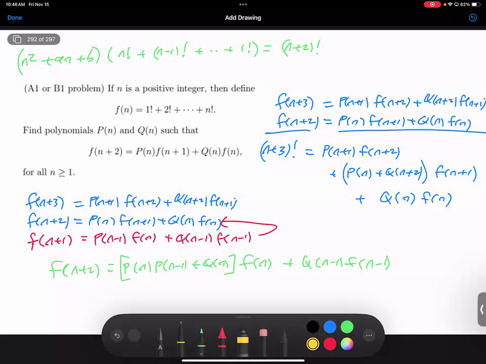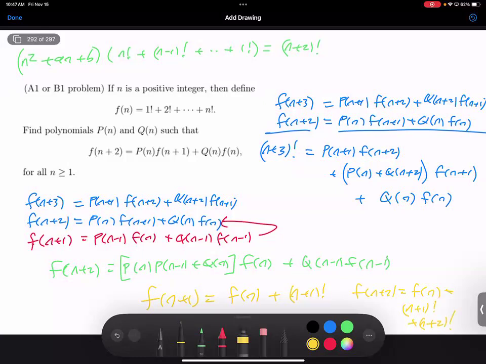Fn plus 1 is fn plus n plus 1 factorial. Fn plus 2 is fn plus n plus 1 factorial plus n plus 2 factorial.